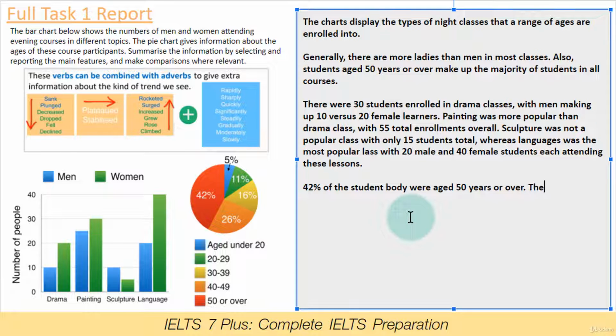Next, the next most popular age group was between 40 and 49 years of age at 26%. So 26% of enrollments.